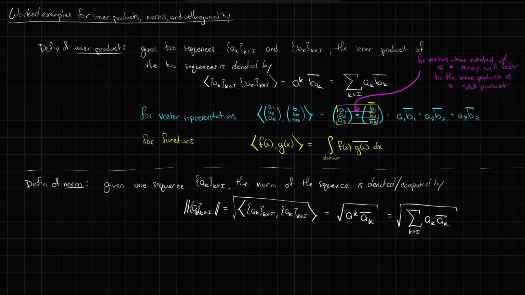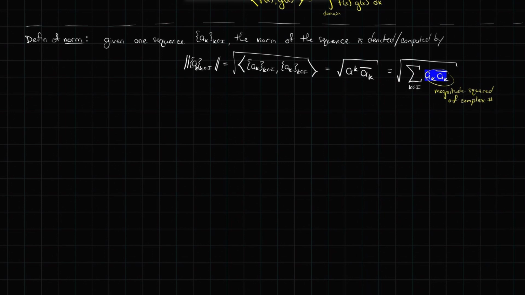But what we know about a complex number times its conjugate is that it will always be the magnitude of the complex number squared. And so what we recover is a bit of a shorthand on these norms. If we have a norm of a sequence, we should really always think about it as the square root of the sum of every element in the sequence.